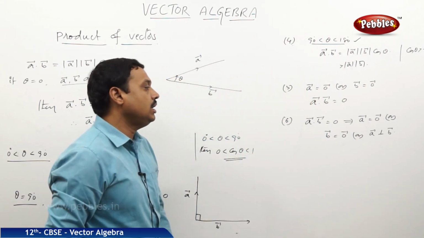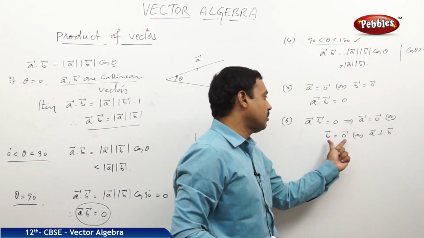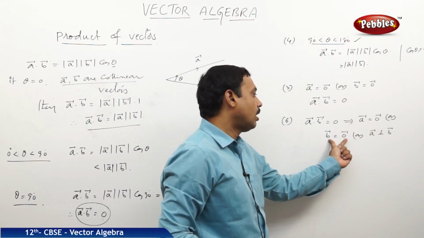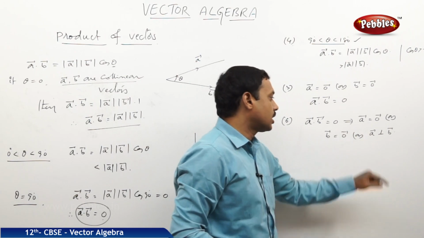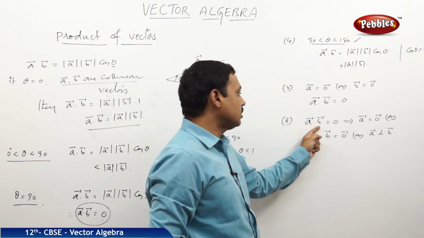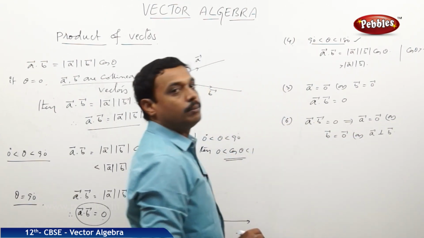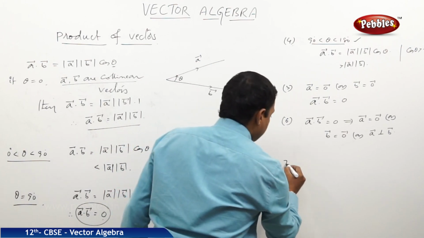There are three possibilities. When A dot B equals 0, either one of them is a null vector or one is perpendicular to the other. If both are non-zero vectors such that A dot B equals 0, then only A is perpendicular to B.